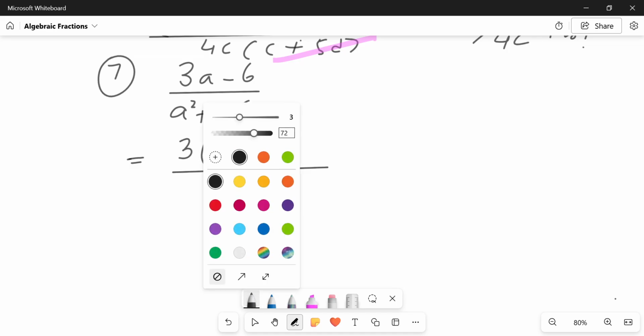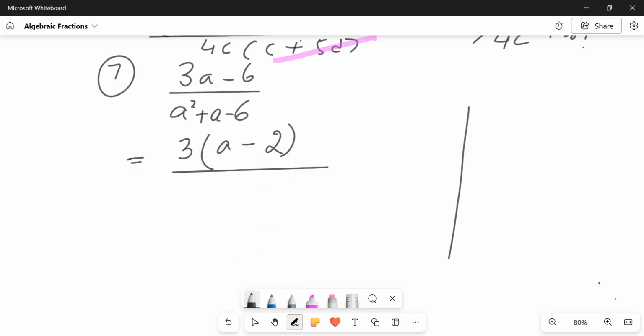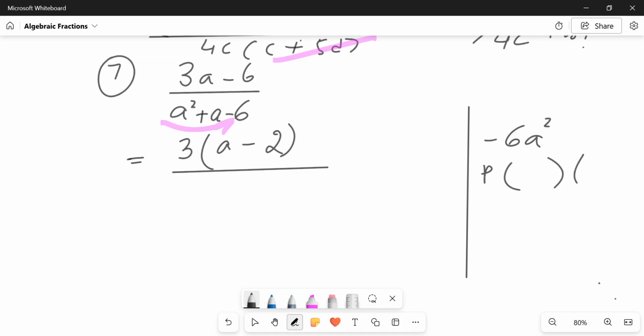So let's draw the rough work here, working column. Multiply first and last. When we multiply first and last, we get minus 6a squared. So we need products. When we multiply, we get 6, and when we do subtraction, we get 1, I mean a only.